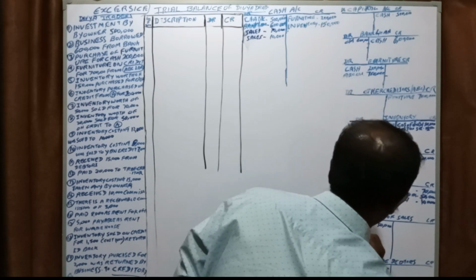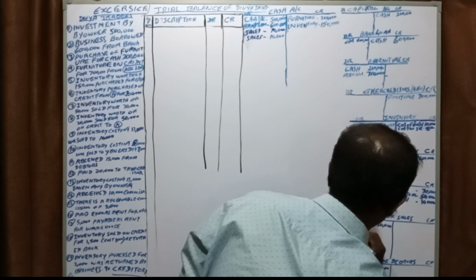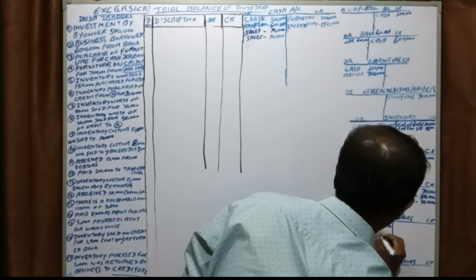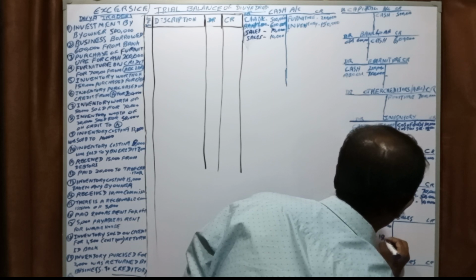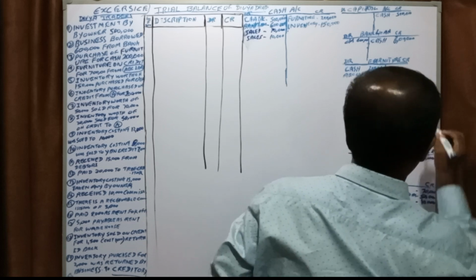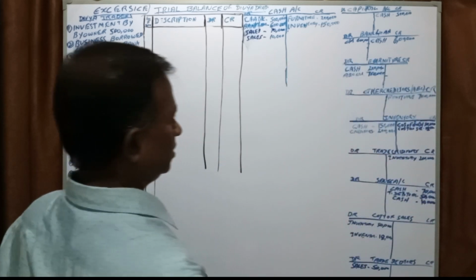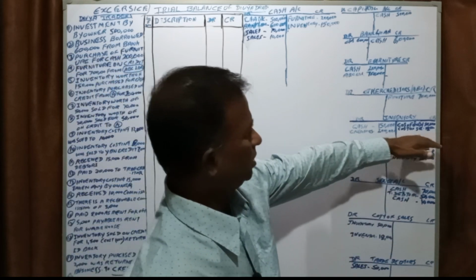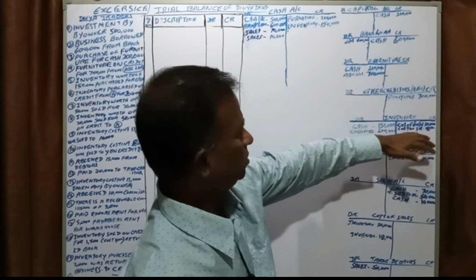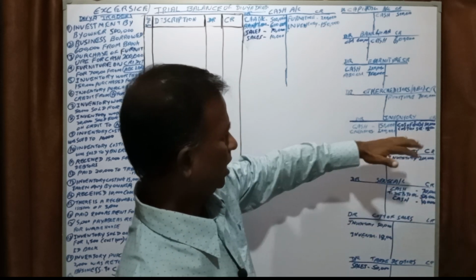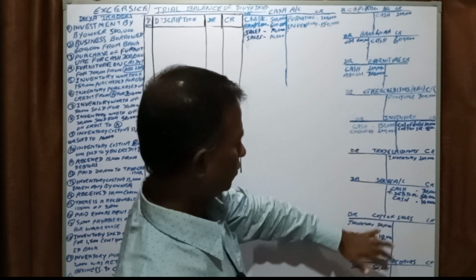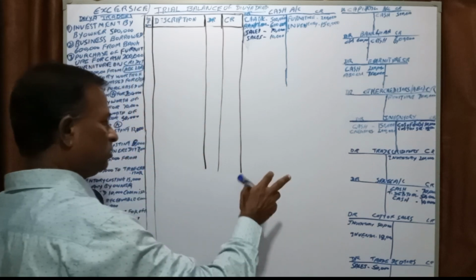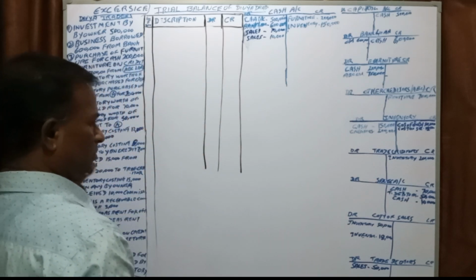Here we will say inventory 12,000. Here also 12,000, right? Because of the cost of sales, the 12,000 has to be removed from the inventory. That much worth of goods had been sold for 10,000. So when we make this entry, this also has to be made.